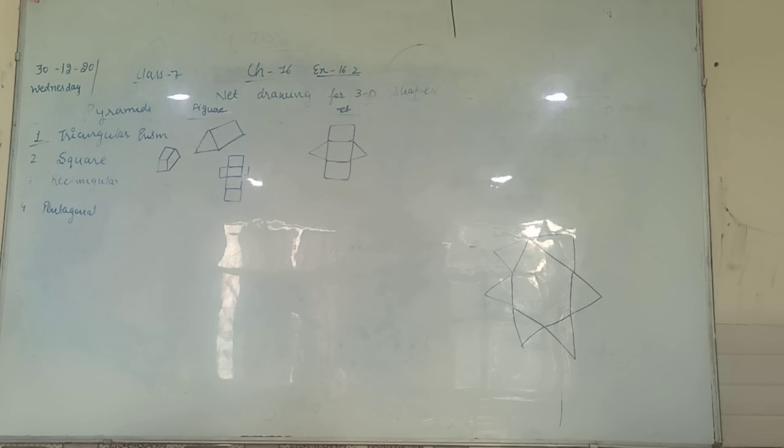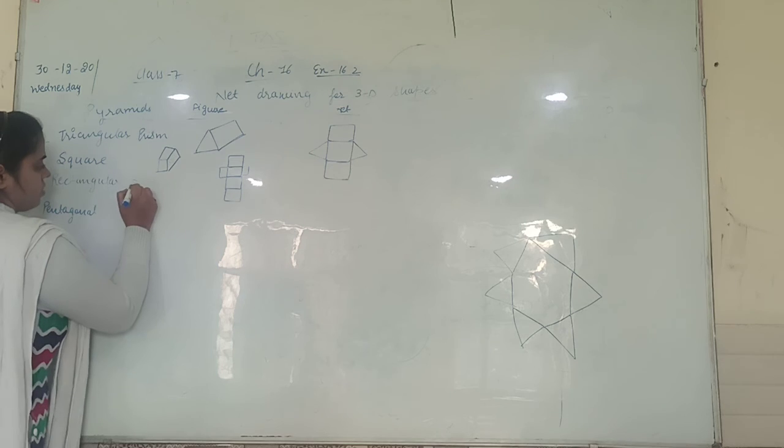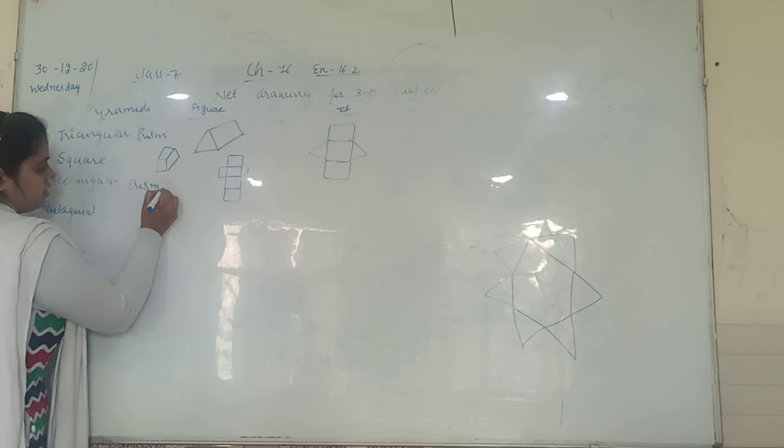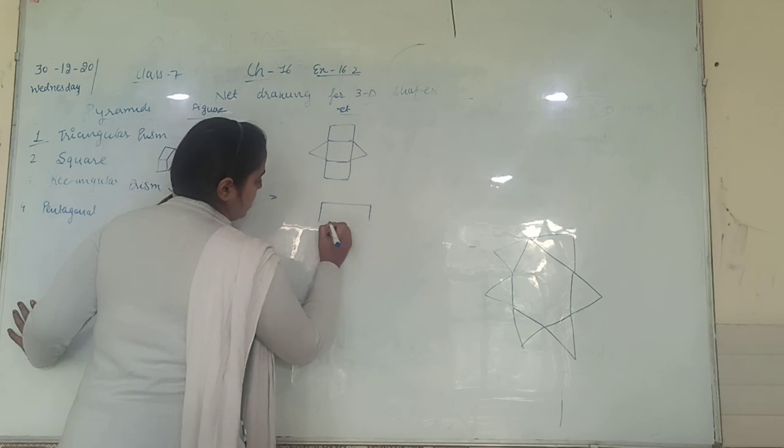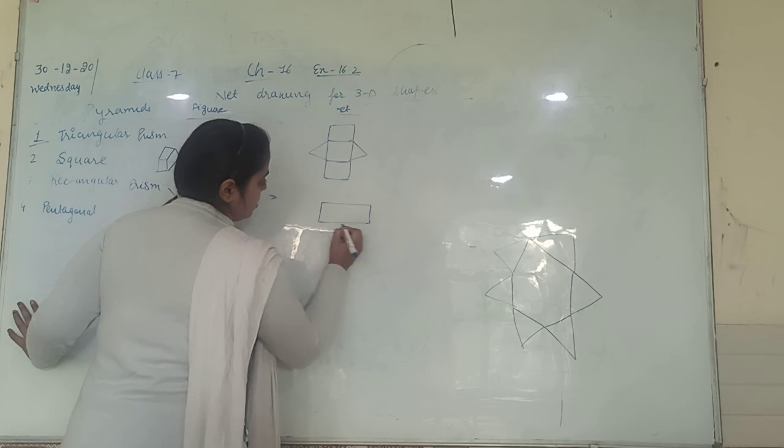Next one is a rectangular prism. So rectangular prism has all figures of a rectangle same like this. Rectangular prism, its net is also same like we have done the net of cuboid.